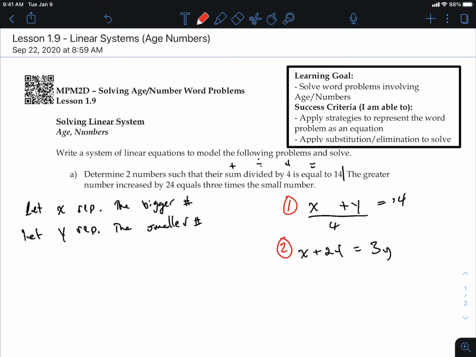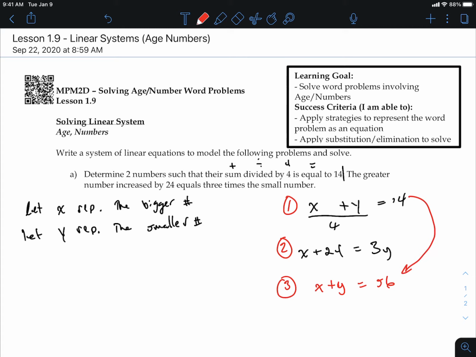I can get rid of the fraction in number 1. I can multiply both sides by 4, right? That's going to produce a third equation that looks something like this. x plus y is equal to 14 times 4, 28, and 2 is what, 56? Am I right? That's just this one here.